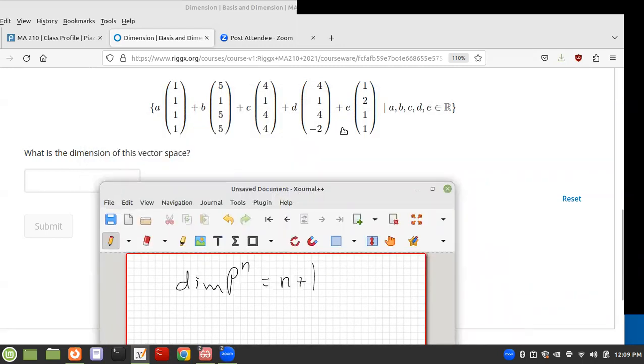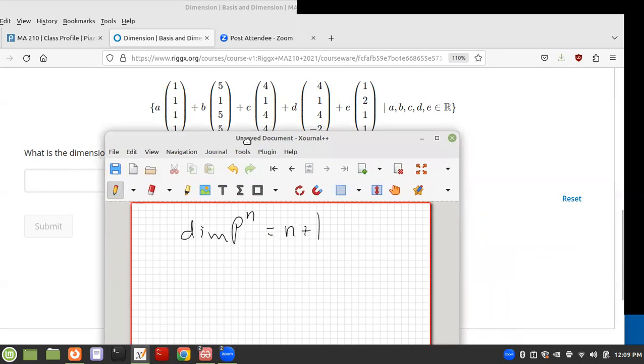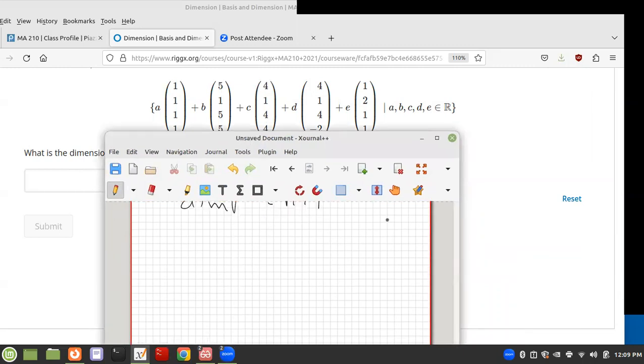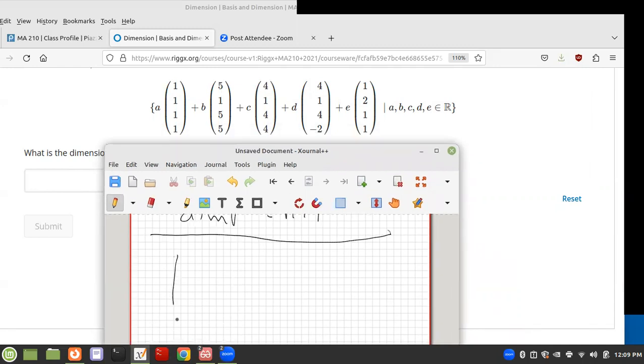Let's say I wrote down this matrix. The matrix from here is going to be 1, 5, 5, 4, 1, 4, 4, 4, 1, 4, minus 2, 1, 2, 1, 1. Well, this is a 4 by 5 matrix, right?